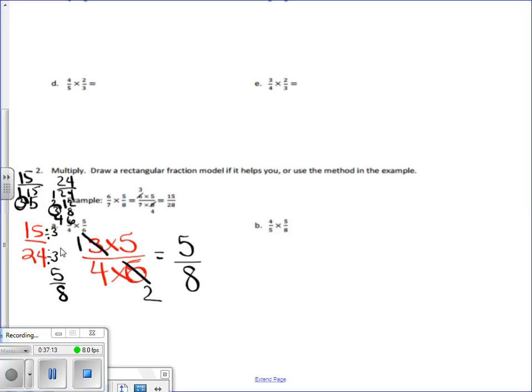Well, again, a lot of times with the diagrams, all they're doing is just showing you the backstory for why the math works. The rectangular model is not something that you have to do. It's just showing you why the math works. This is just another way to get the answer.